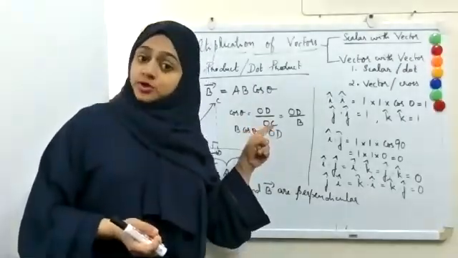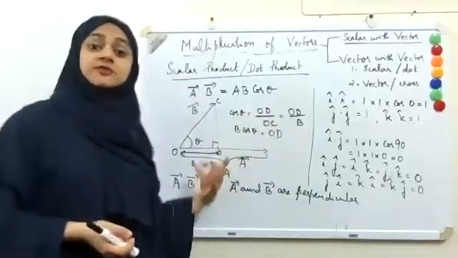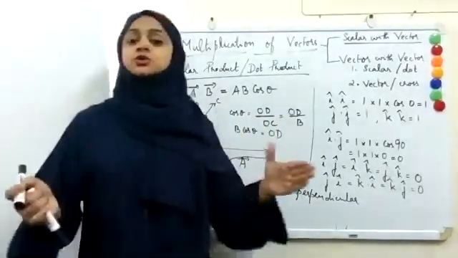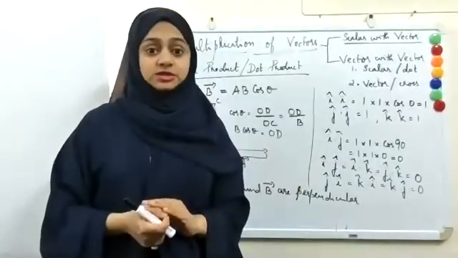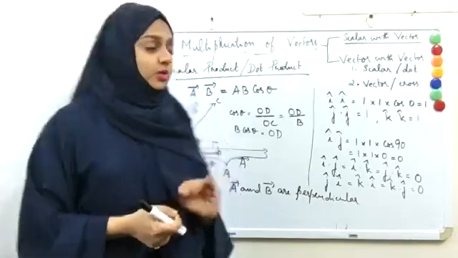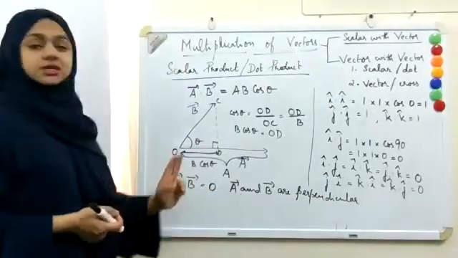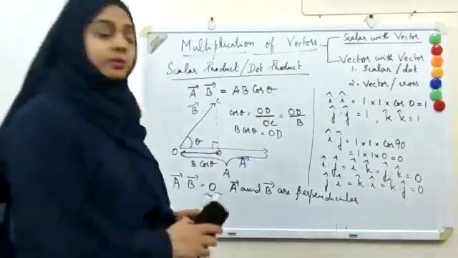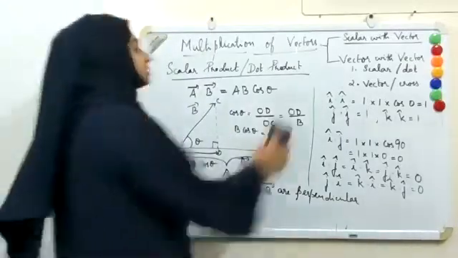If you take the dot product or scalar product, and if it turns out to be 0, you can say that those two vectors are perpendicular to each other. Is that clear to you? Yes. Okay. Now let us take the example of two vectors represented in the coordinate form and find their dot product.